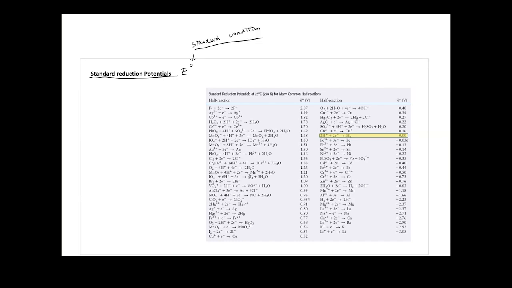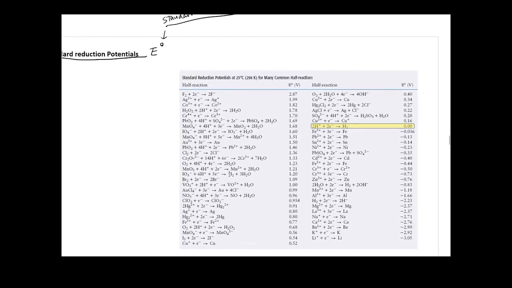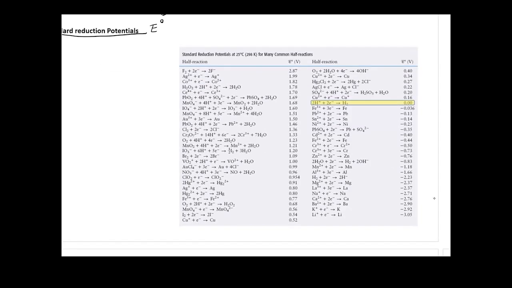On the right, you can see a table. This table is the standard reduction potential of many atoms. The standard reduction potential is an intensive property.